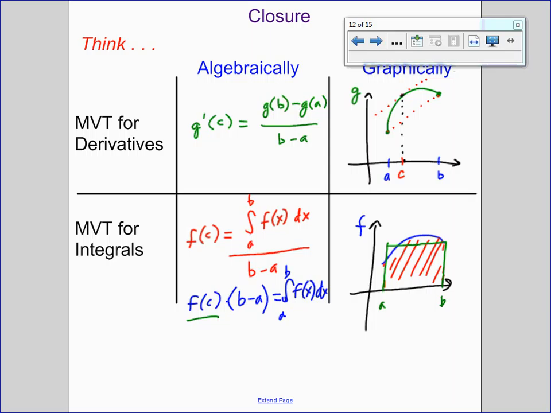And so this green area would be equivalent to the red area.